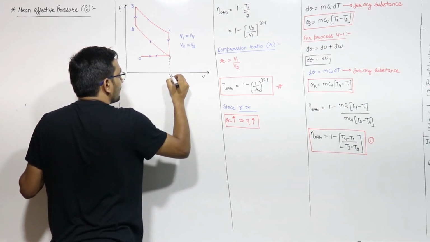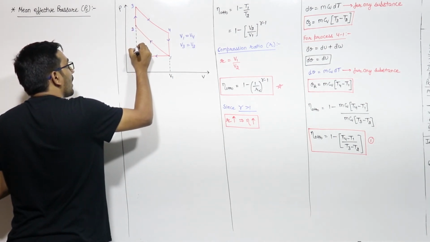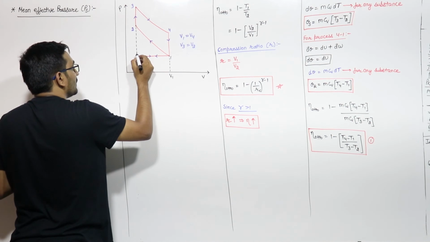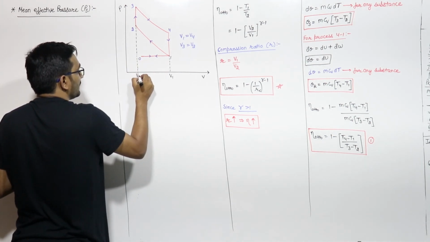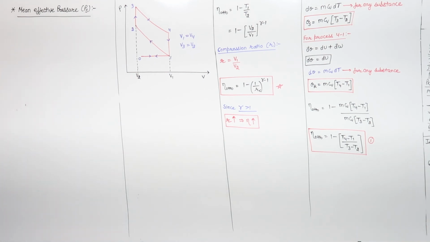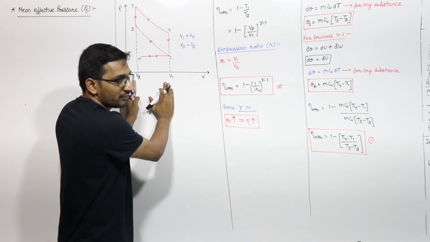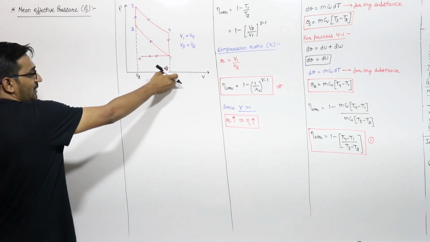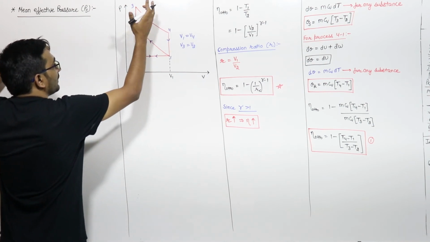This is V1 and this is the clearance volume V2, or V_c. This Otto cycle is working between the volumes V1 and V2. This is top dead center, this is bottom dead center, right?